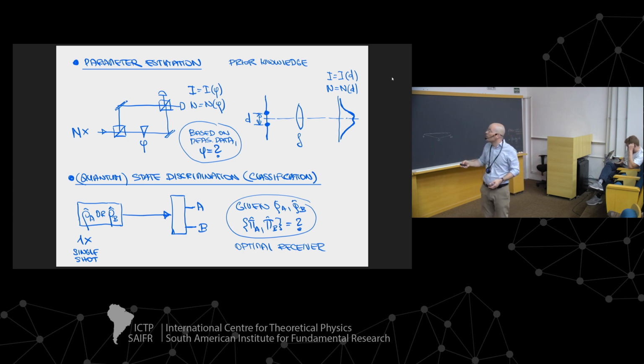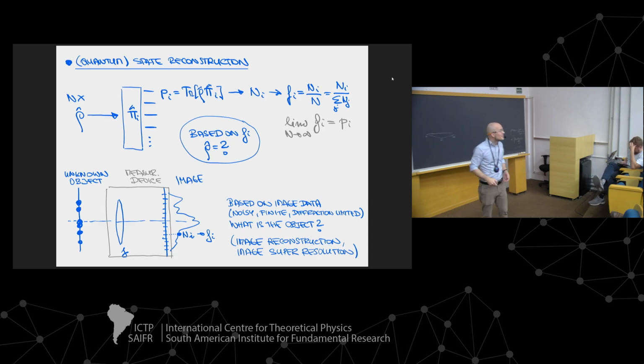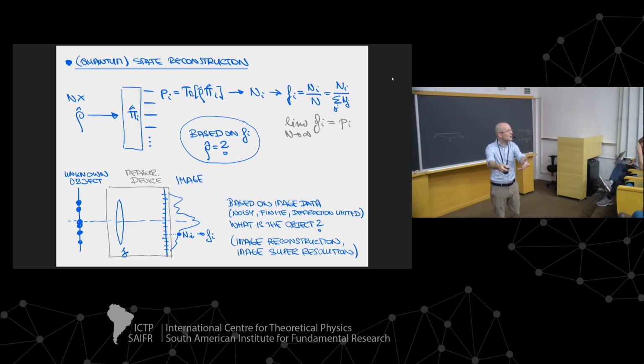So maybe the same example in analogy, in the field of full state reconstruction. Now I omitted the word quantum, but this is the question, how much this is quantum or not. Anyway, we have an unknown object here.